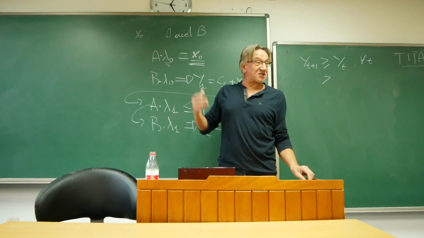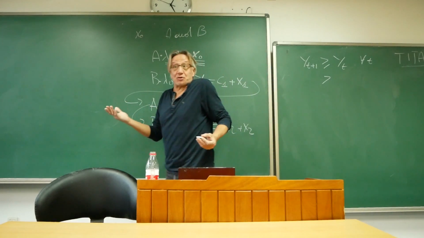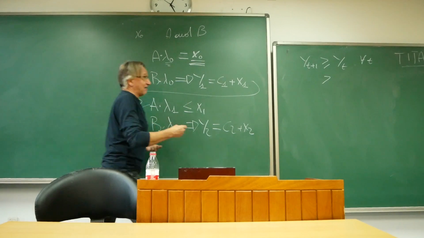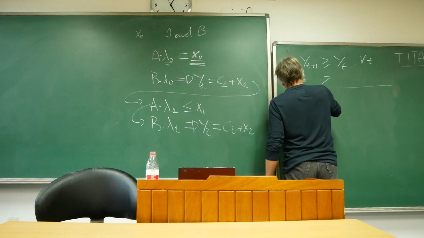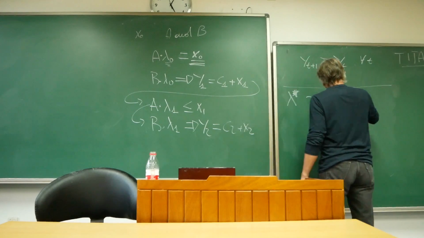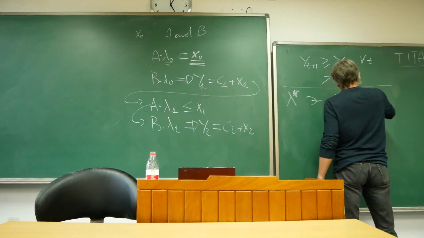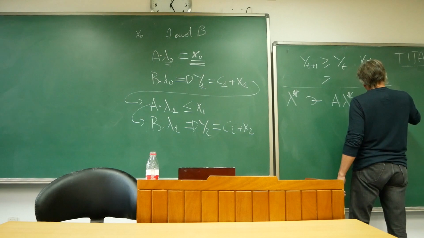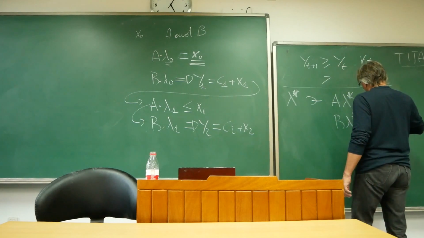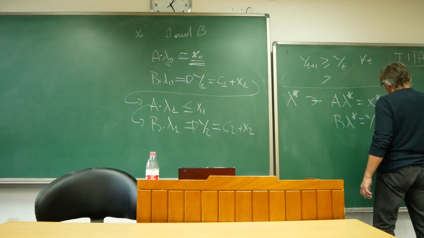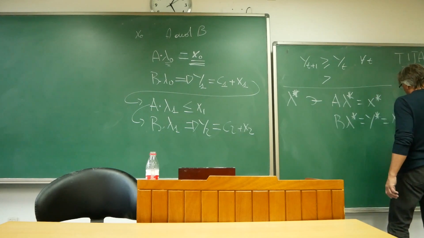Okay? What's a steady state here? A steady state is a situation of no growth. A steady state is a level lambda star such that A lambda star equal X star, B lambda star equal Y star equal X star plus C star.